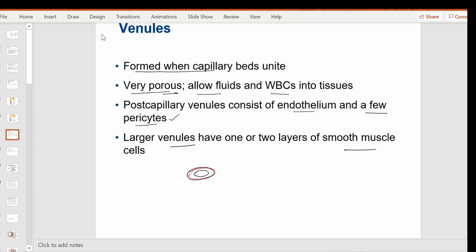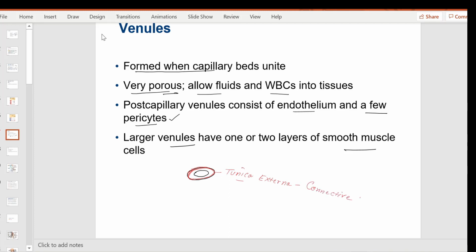Both arterial and venous walls have the outermost connective tissue layer that is mainly for protection, and that is called tunica externa. Externa means outside, right? External. So tunica is layer, which is connective tissue.